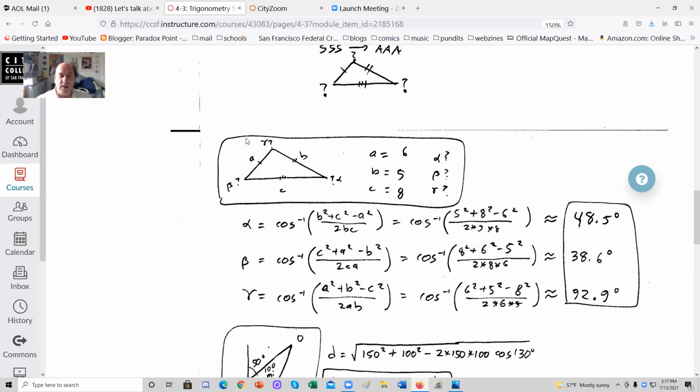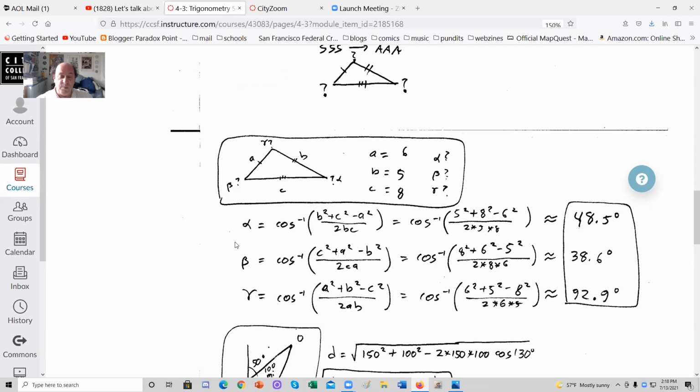What's beta? What's gamma? Well, the rule goes as follows. Alpha is arc cosine of b squared plus c squared, those are the two sides next to it, minus a squared, the side opposite, over 2bc. So just plug in the numbers: 5 squared plus 8 squared minus 6 squared over 2 times 5 times 8. Arc cosine of that, after a few keystrokes on your calculator, gets you about 48.5 degrees.